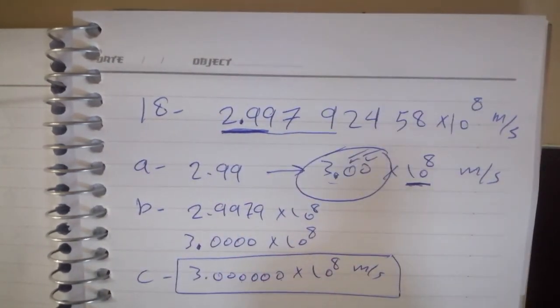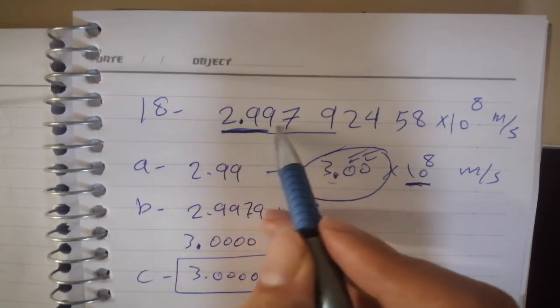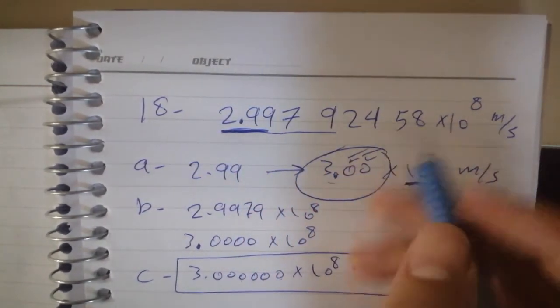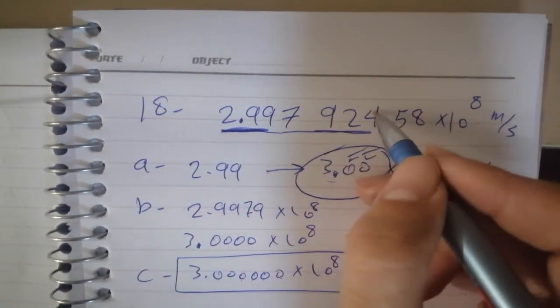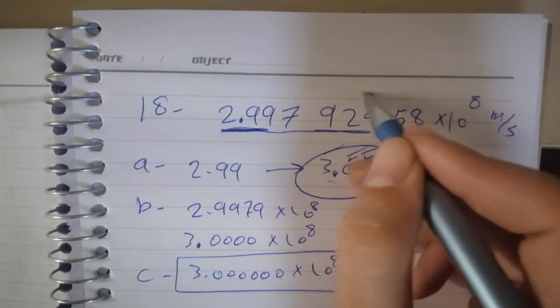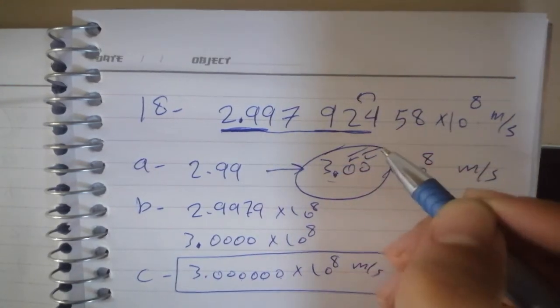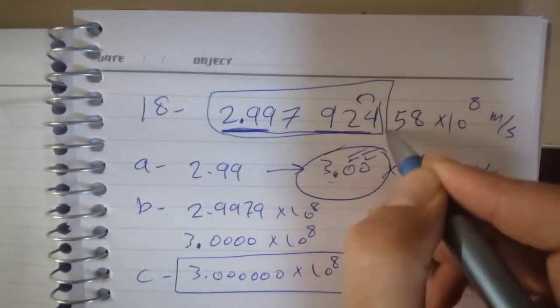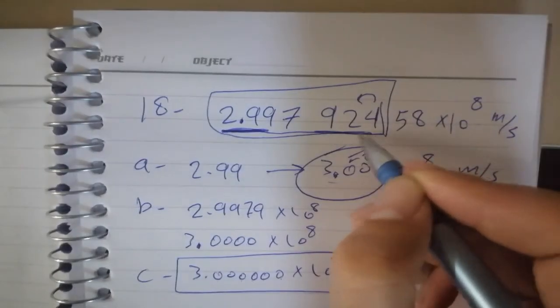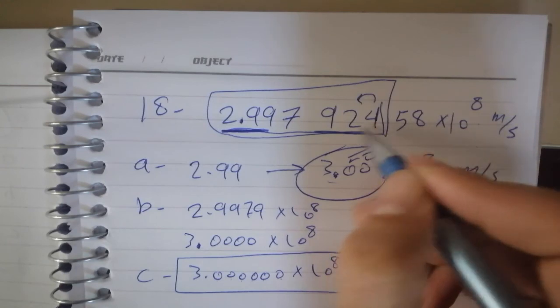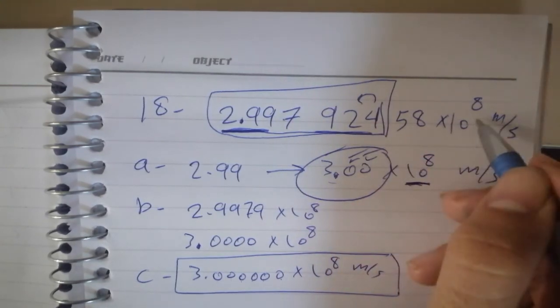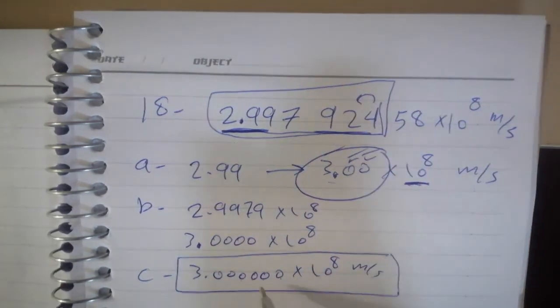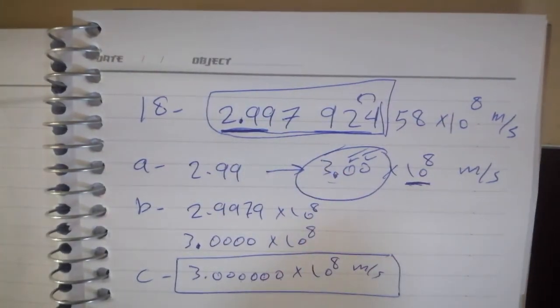And if you want to do it precisely, you can just choose 7 numbers here and leave it there. Why? Because I'll be left with 4, and 4 cannot add to the 2, so this will be left as it is. That will be your final answer, multiplied by 10 to the power 8. You can write it like this, or like that, no problem.